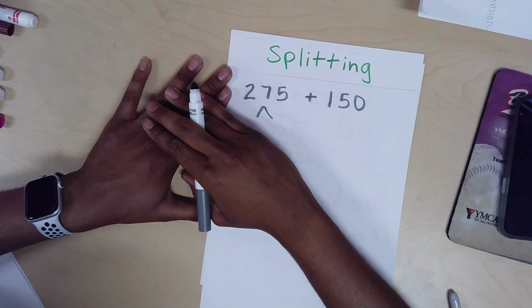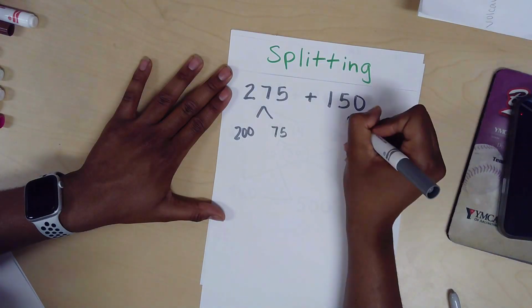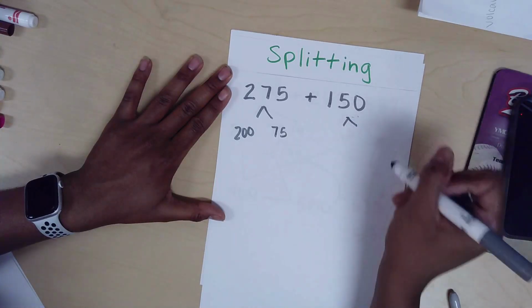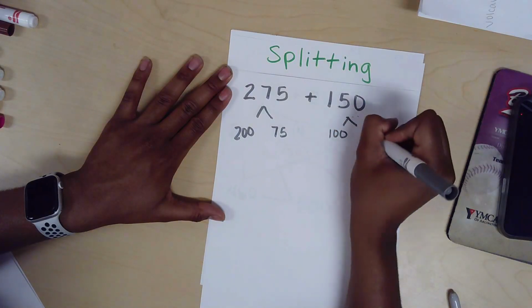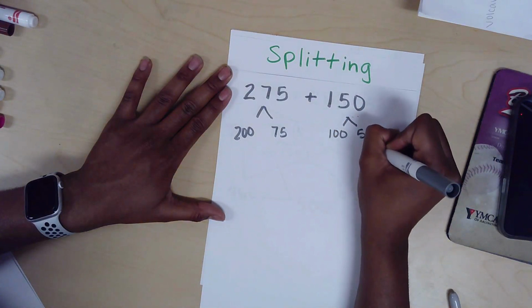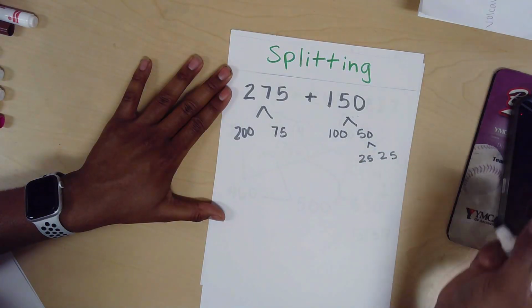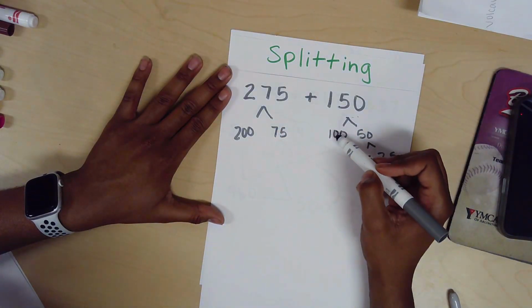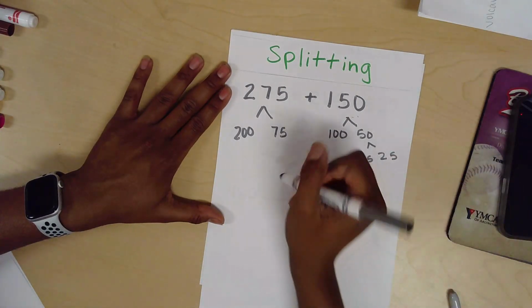Okay, 275. And then over here, I'm actually going to split it. I'll split it once and then I'll split it again so you can see where I did it. 150, but I'm going to split that 50 into 25 and 25. Because you really could have split it into 125 and 25, but, you know, tomato, tomato.